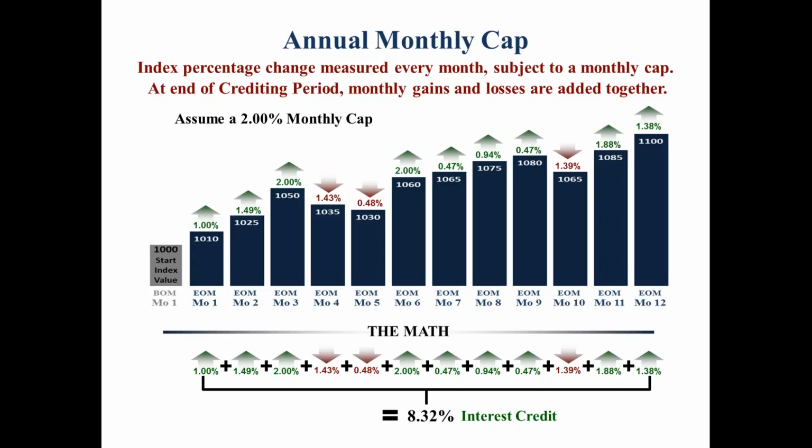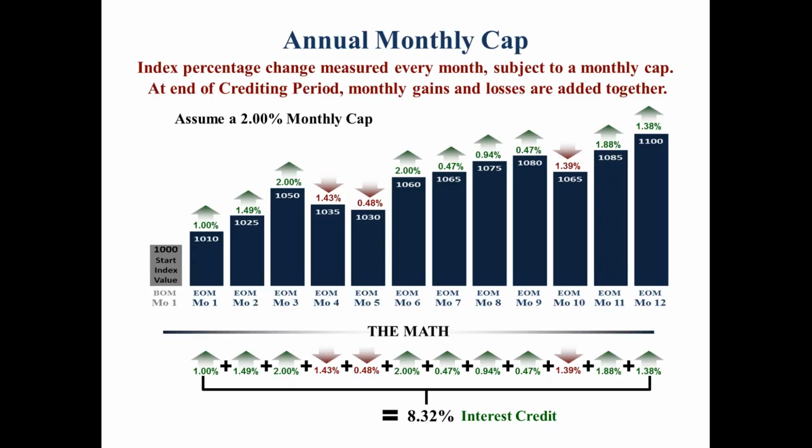If the index gained 2% every month and never went backwards, this strategy would produce a 24% gain with a 2% monthly cap. When these things first came out, I think the caps were at 3, and that's how agents were marketing this. Look, you can make as much as 36% with no downside risk. And technically that's true. Of course, it's never happened in history, but technically that's true.